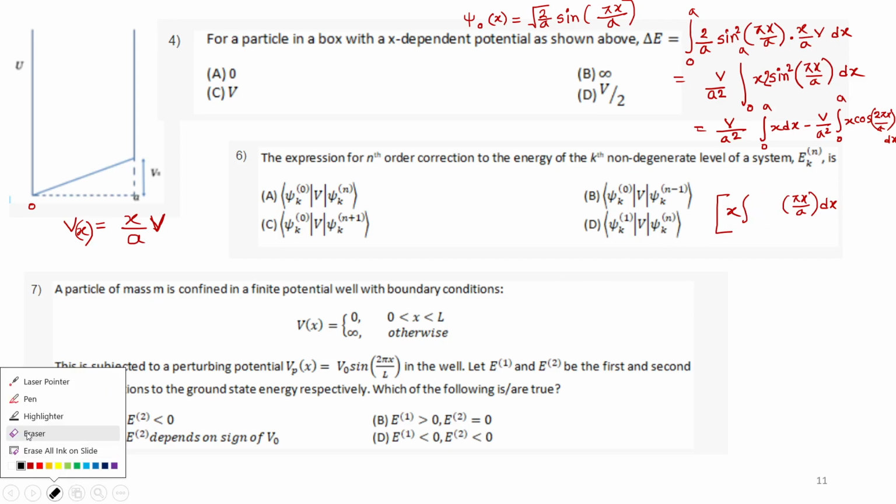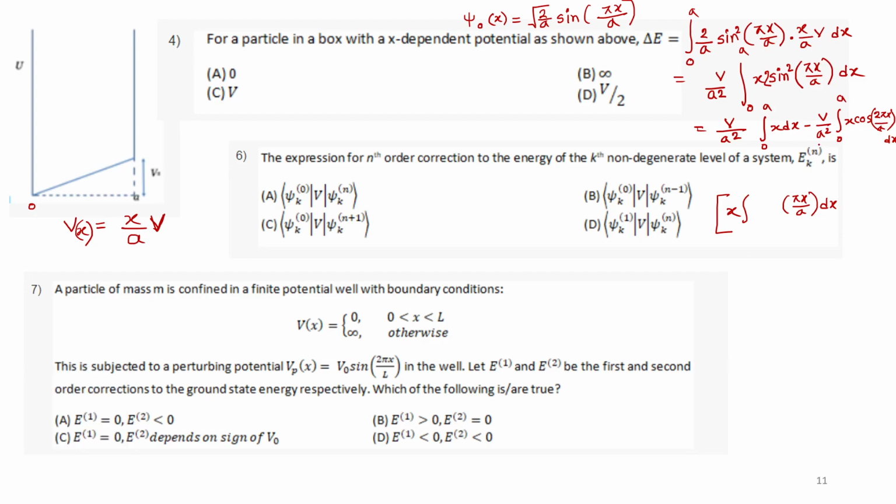So I will do the integration for this part by parts. So x cos pi x by a minus the integration: the derivative of x is 1, then the integral of cos pi x by a is sine pi x by a times a by pi, and another integration would be there, going from a to 0.